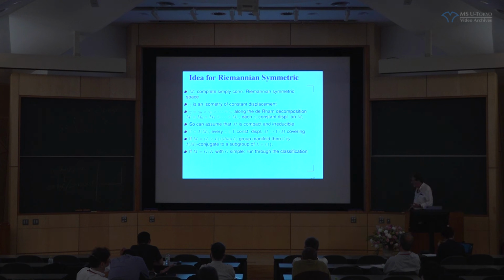So in that case, when G mod K has positive Euler characteristic, you can handle it using a bit of classification. And when G mod K has Euler characteristic 0, that is rank G bigger than rank K, well, there aren't that many cases. You just treat them separately.